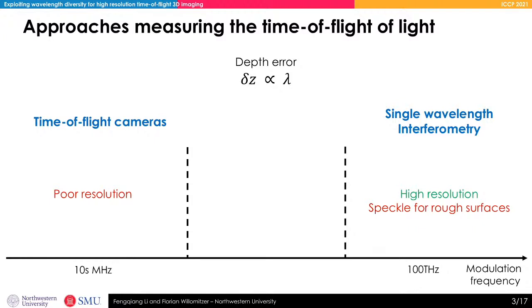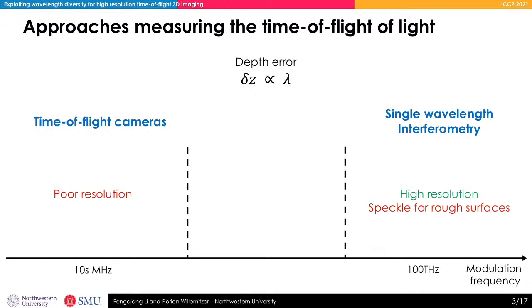It's using the oscillations of the physical wave light field itself. So it works with very high optical frequencies, up to hundreds of terahertz, and it's very precise, up to nanometers resolution. But conventional interferometry cannot be used on rough surfaces because the small wavelengths lead to speckle that completely scrambles up the optical phase that would be needed to calculate the depths.